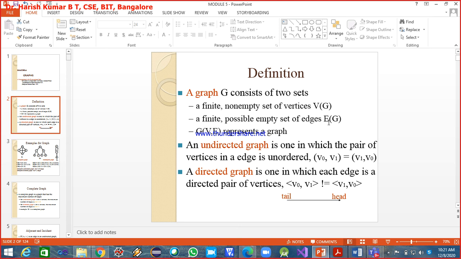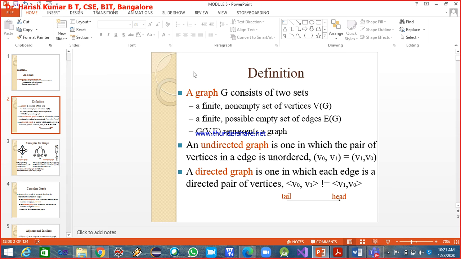In general, the vertices set we represent as V of G, vertices of graph G, and similarly the edges we represent as E of G, edges of graph G. The entire graph can be represented as G of V comma E, nothing but a set of vertices and edges. So that is what a graph is. A graph is basically a finite set of vertices and a finite set of edges.